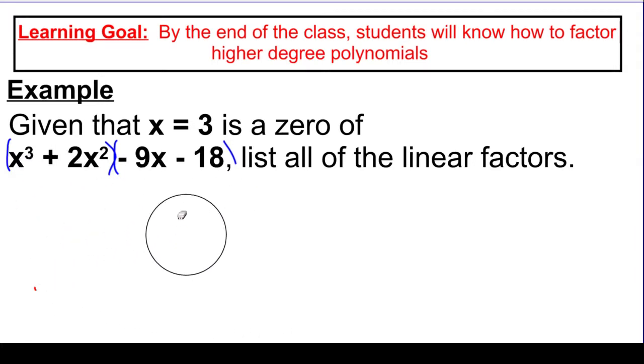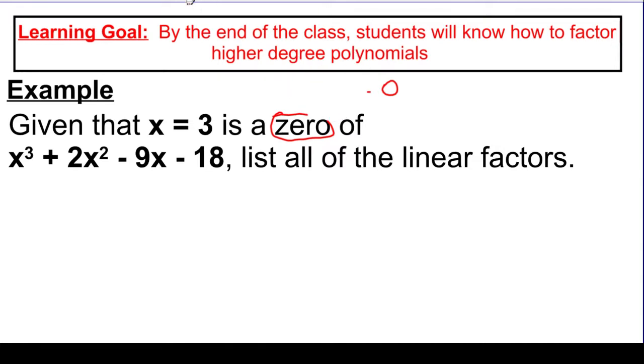Here's what we mean, in the context of this problem, to find the factors a different way. If I'm telling you that 3 is a 0, what this word 0 is essentially telling us is that I set some expression equal to 0, and the answer was x equals 3. So I'm wondering, what was that expression? Well, that expression was x minus 3.